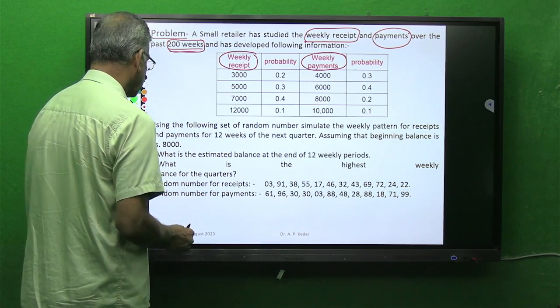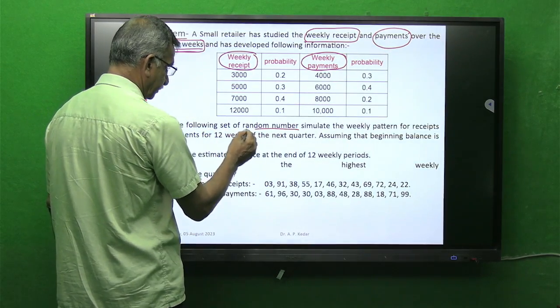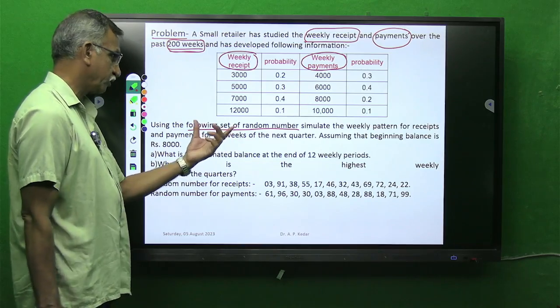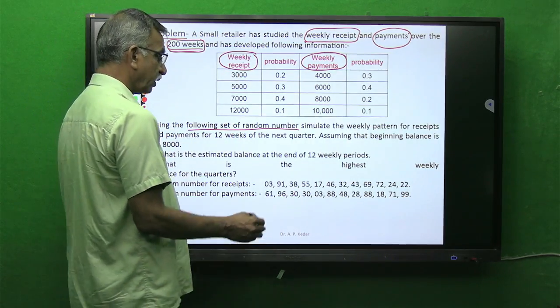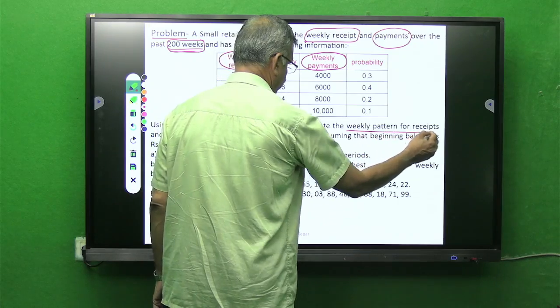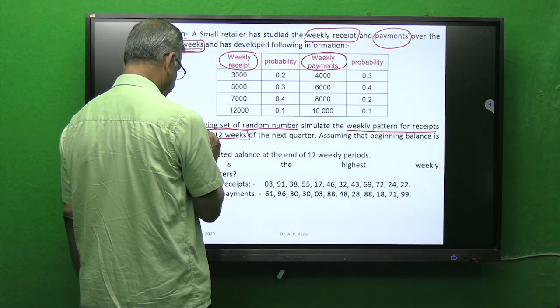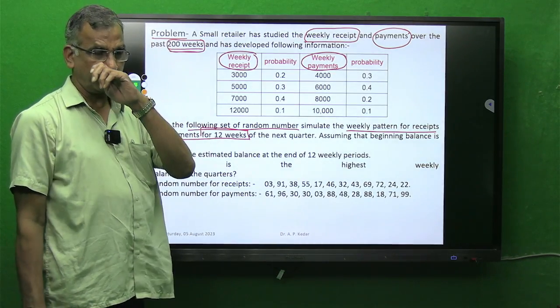Now what is asked in the problem? Using the following set of random numbers. Again, students, the set of random numbers to be used for this particular problem is mentioned here, and simulate the weekly pattern for receipt and payment for 12 weeks. Now from this week ahead, what is asked?